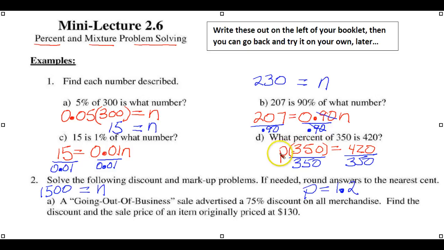We use the letter P, but 1.2 isn't a percent. To convert this to a percent, you may recall, you move the decimal two places to the right, and then add a percent sign. So the answer to letter D would be 120%.